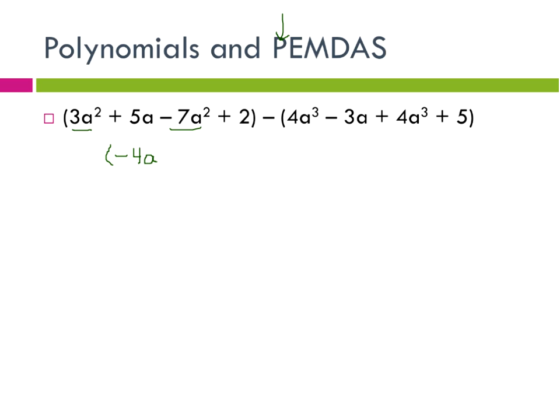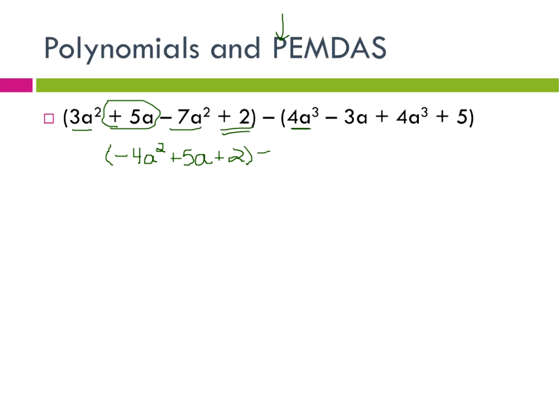So in my first parentheses, I can simplify that to a negative 4a squared. I have a 5a that doesn't simplify with anything right now, and a positive 2.